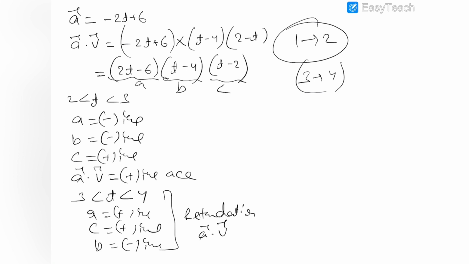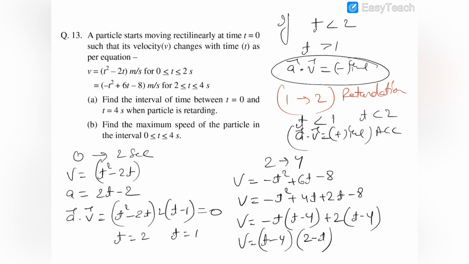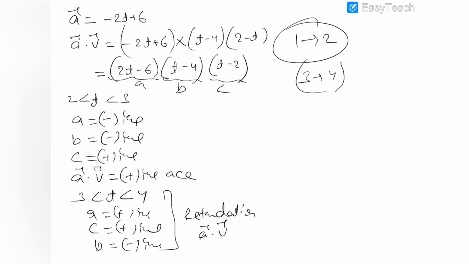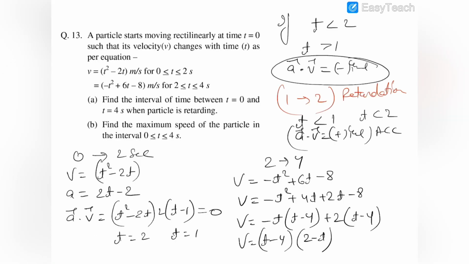Now for part B, we have to find out the maximum speed. The maximum speed will be when the acceleration is 0. In this interval, the acceleration is 0 at t equal to 1 second, in 0 to 2 seconds. If we put t equal to 1 here, then it would be 1 minus 2, which is minus 1. So in this interval the maximum speed is 1.